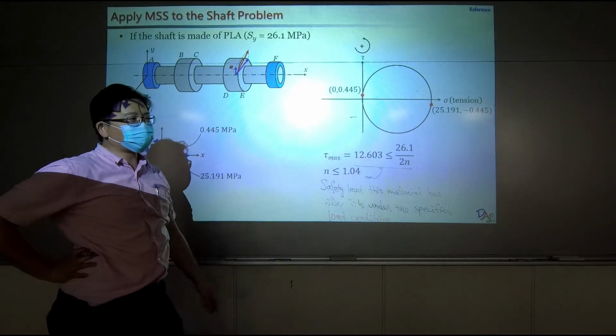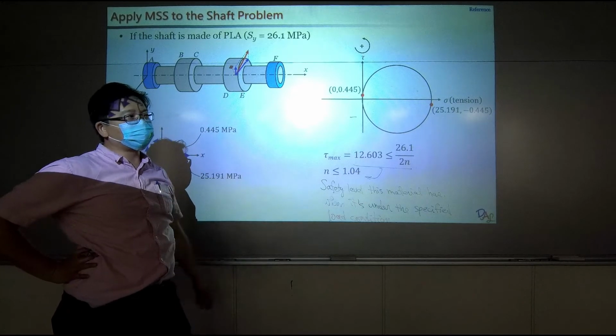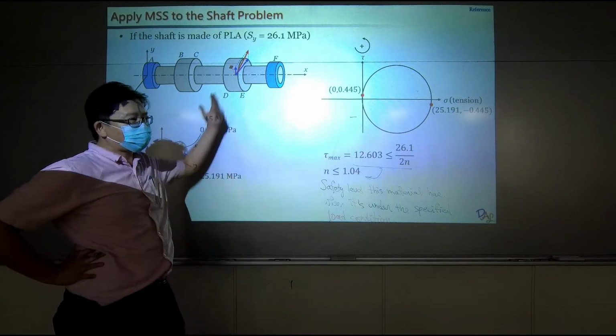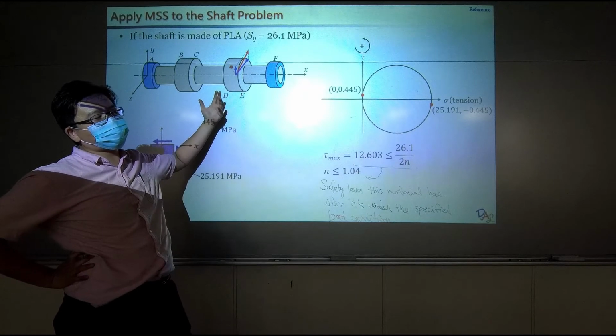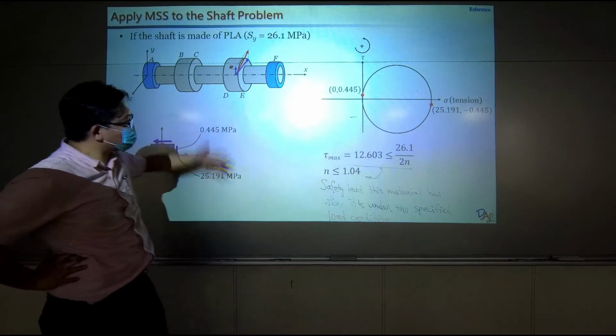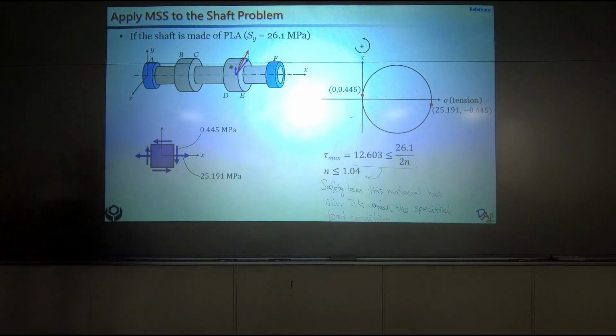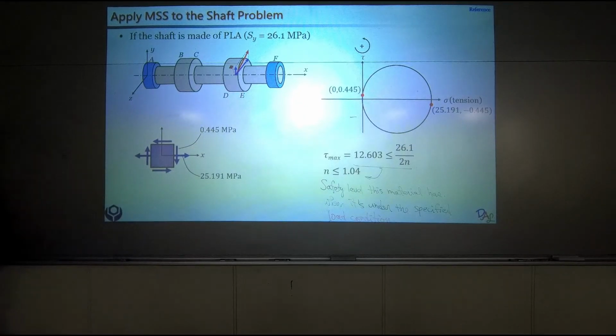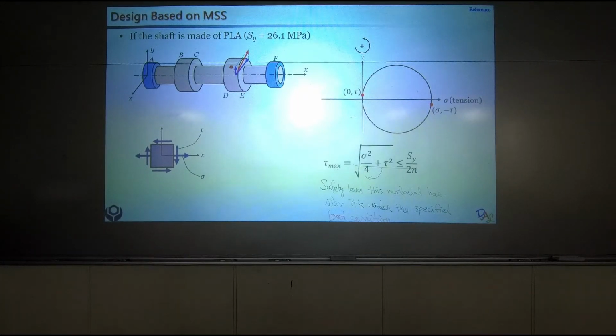Still larger than 1, but greatly reduced because metal has 13 times greater yield strength. So this is just for you to realize, if you use metal, it's 13 times stronger. If you use plastic, it's 13 times weaker. Just for you to have a sense of it.